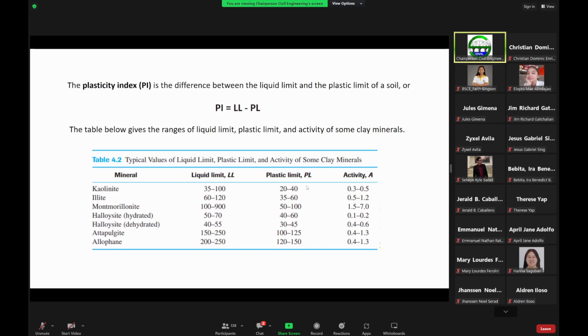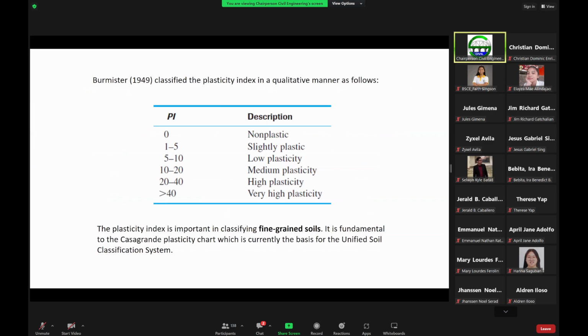Now, Burmister classified the plasticity index in a qualitative manner, as shown here. If the PI value is 0, then we can say that the material is non-plastic, and usually I'm very happy if it is non-plastic. If the PI is 1 to 5, that's slightly plastic.